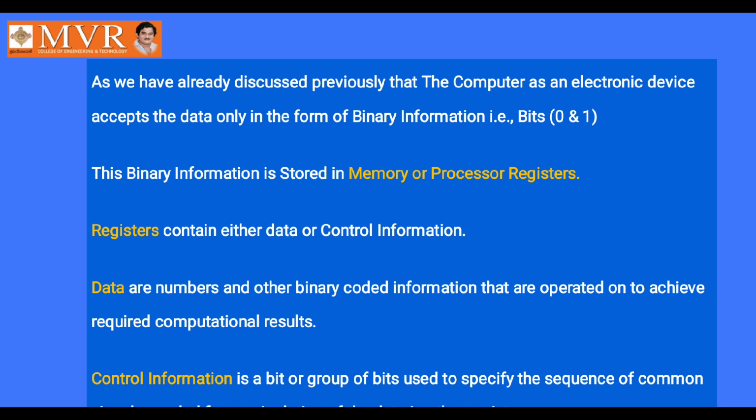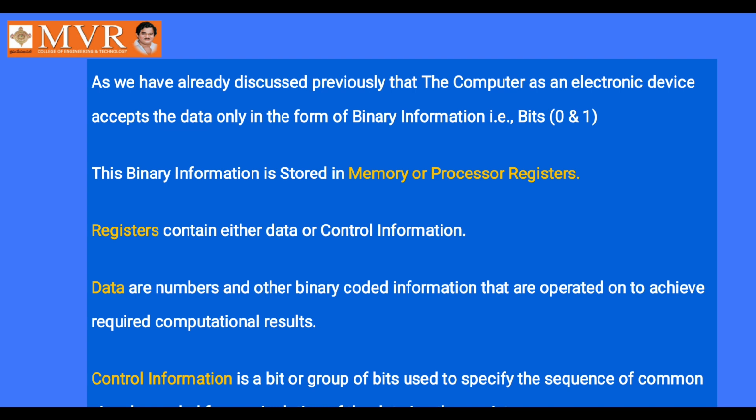As we have already discussed, a computer is an electronic device, and it receives input only in the form of zeros and ones, which is called binary information, or bits: 0 and 1. After this binary information is received by the CPU, we store it in the memory or some registers.